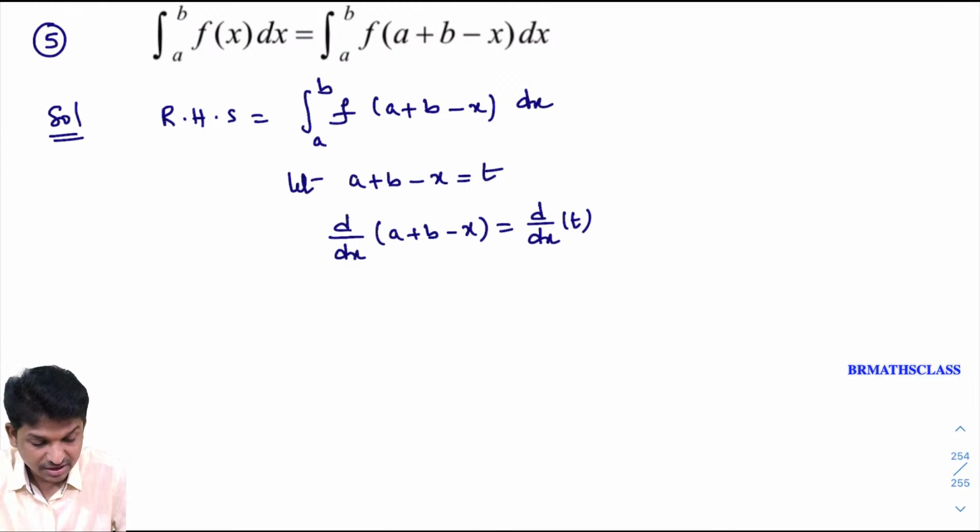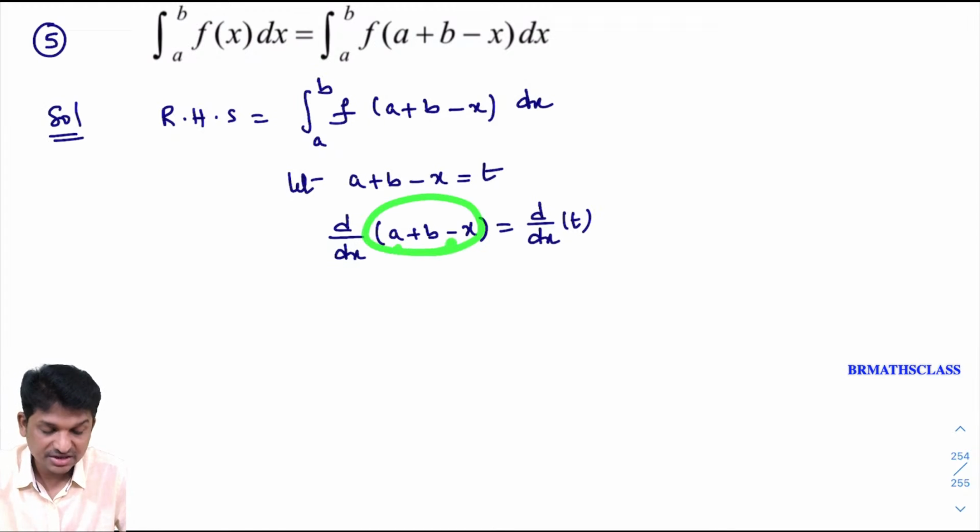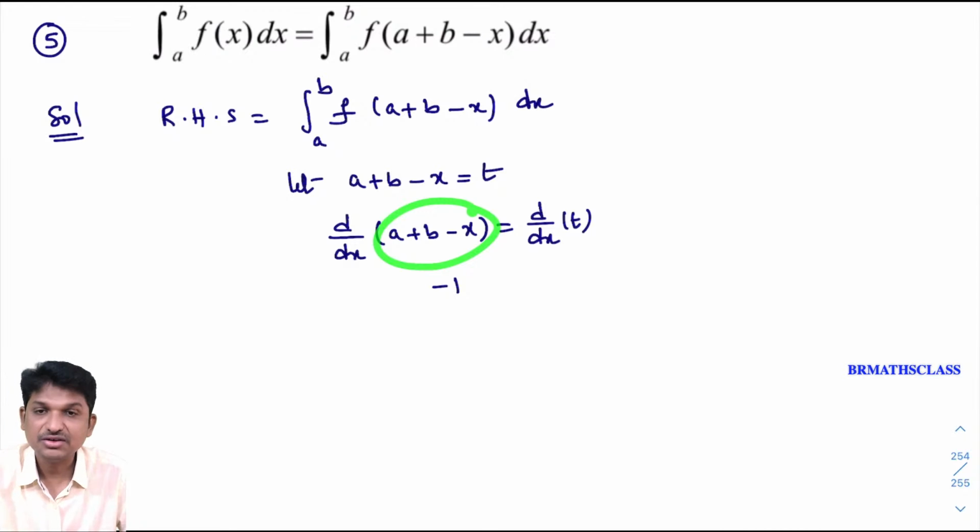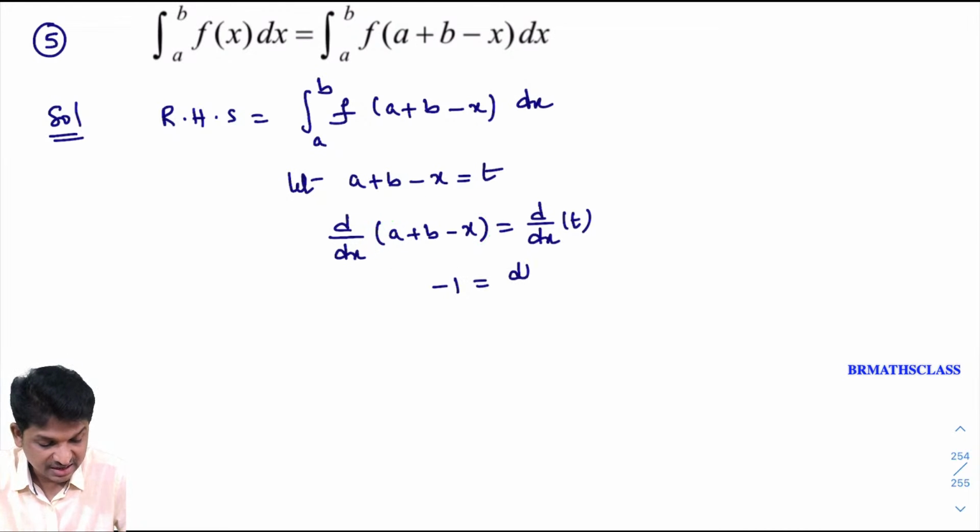Derivative of a plus derivative of b minus derivative of x. Derivative of a is constant 0. Derivative of b is constant 0. Derivative of x is 1. So if you differentiate this, you will get minus 1 equal to dt by dx.